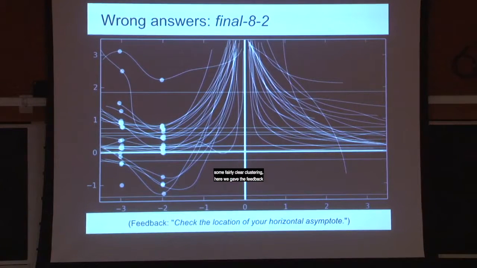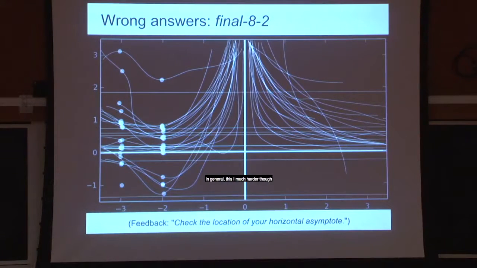There was another one which showed some fairly clear clustering. Here we gave the feedback, check the location of your horizontal asymptote. And while there are a few that are scattered throughout, like up at +2 and -1, there was a significant cluster of students who submitted as an incorrect answer an asymptote at 0. So we can get some interesting information about misconceptions.